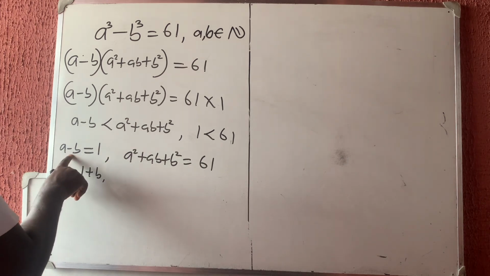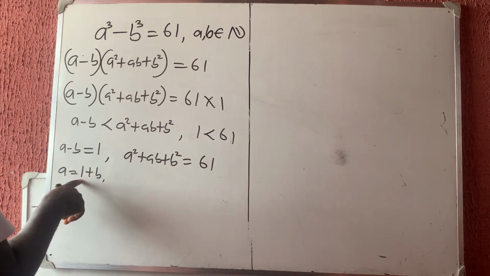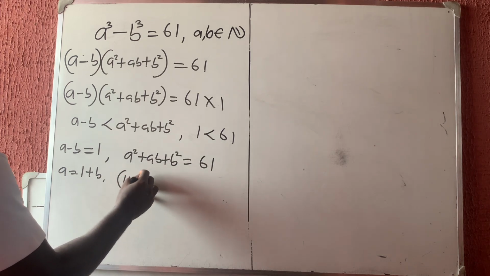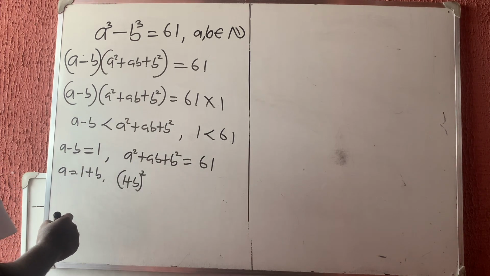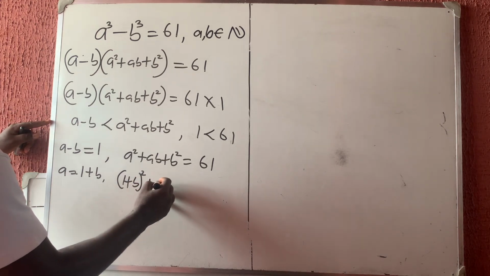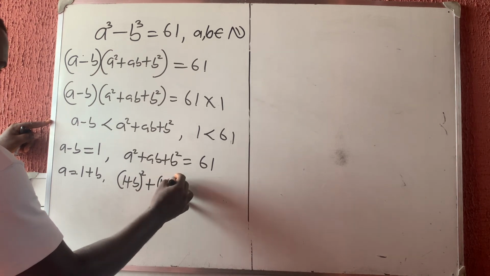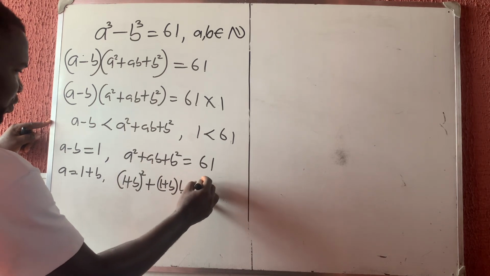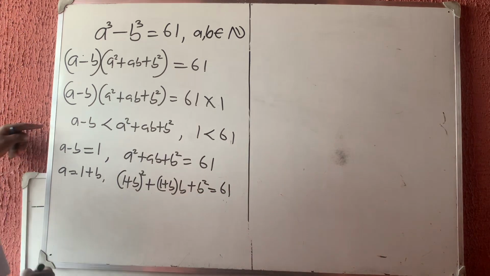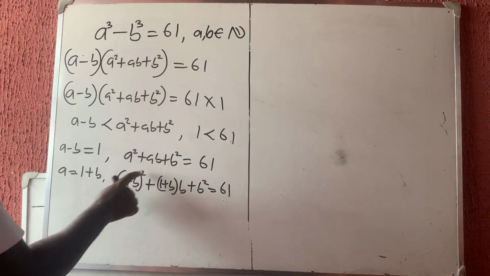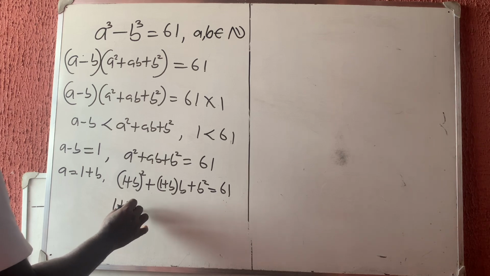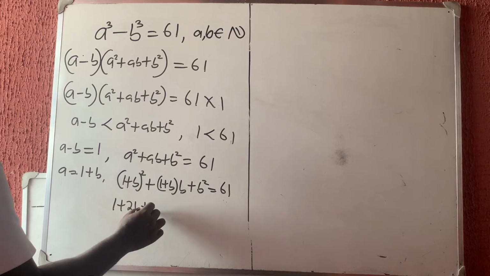Anywhere I see a, I'm going to substitute 1 plus b. So we have (1 plus b) squared plus (1 plus b) times b, plus b squared is equal to 61. Let us clear the brackets. I'm going to have 1 squared is 1, plus 2b, plus b squared.